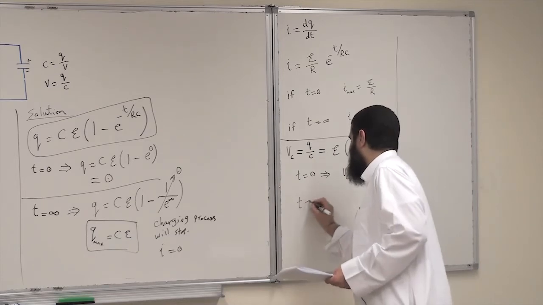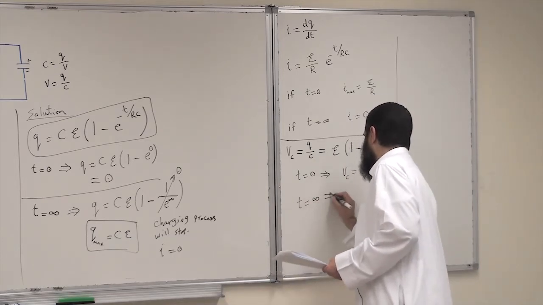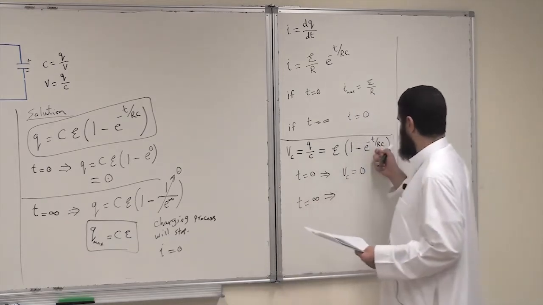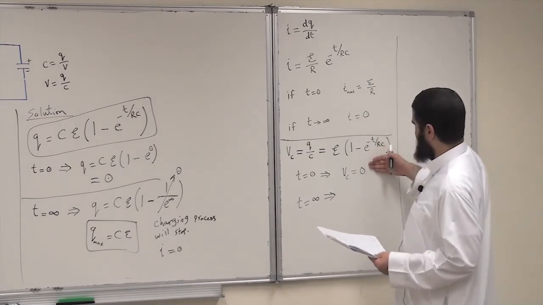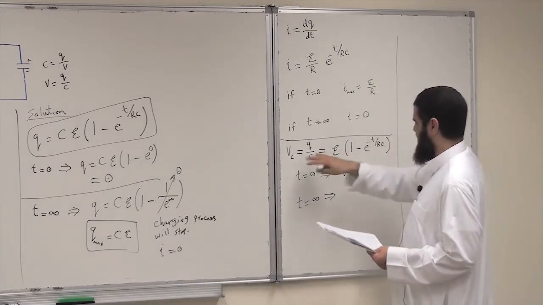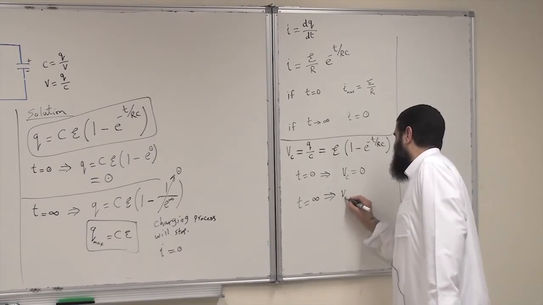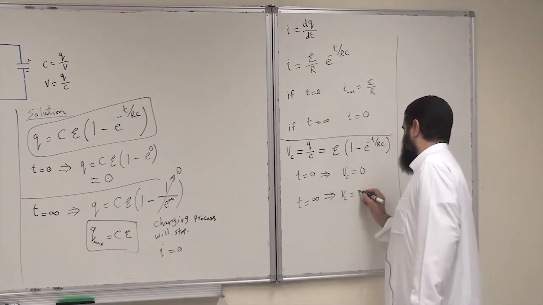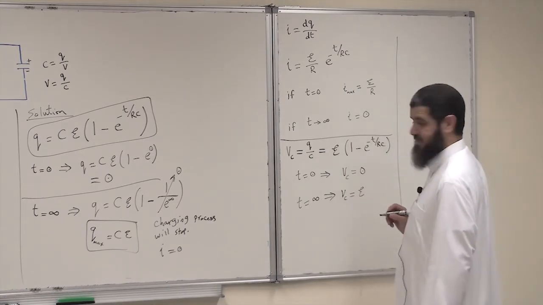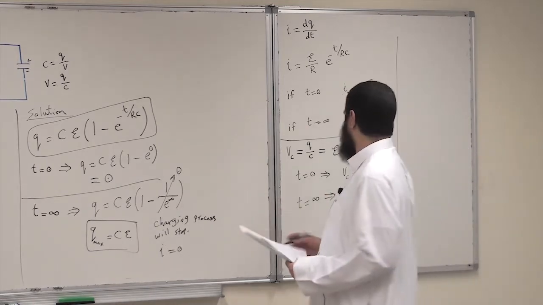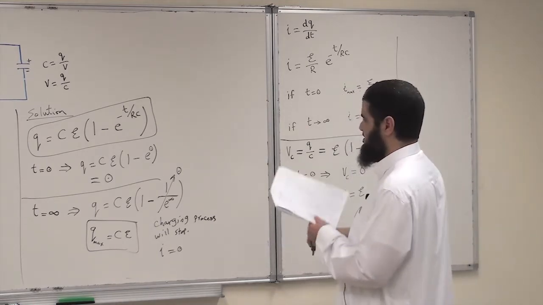But when the time equals infinity, this is 1 over e to the power infinity, which will be 0, and we'll end up finally with V across the capacitor equals just E. So these are very important relations.